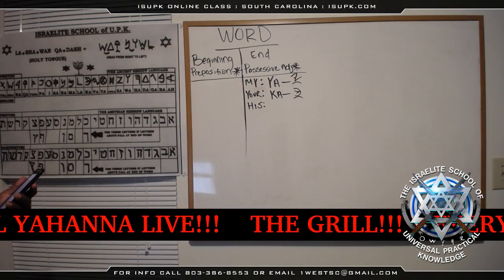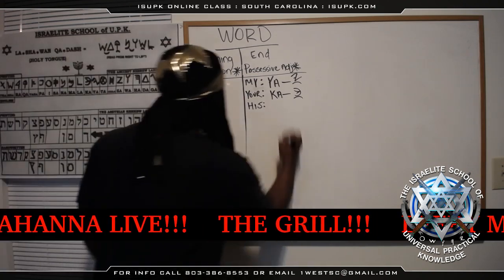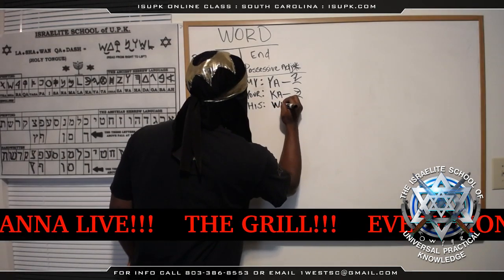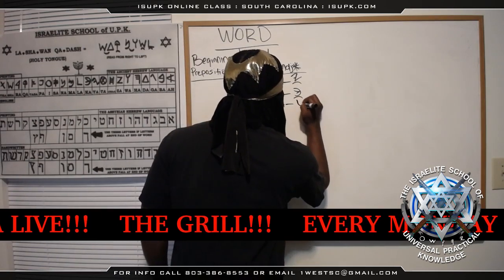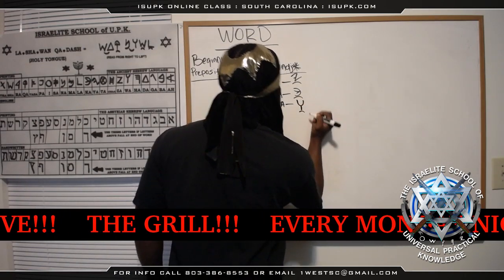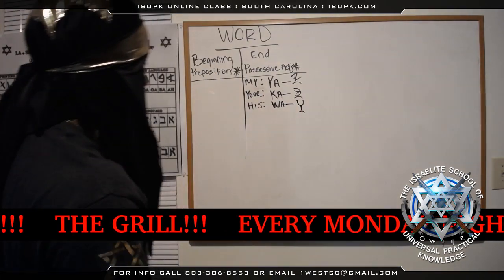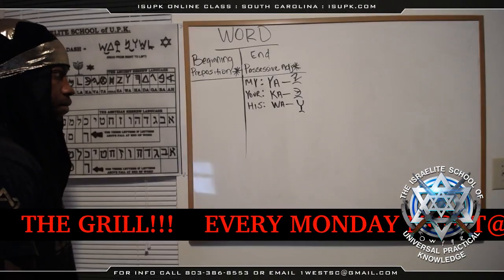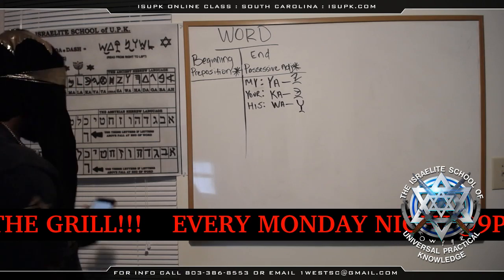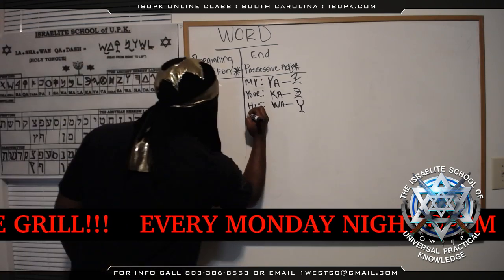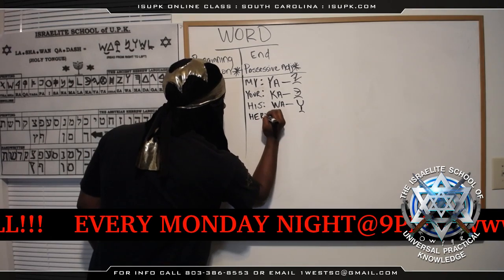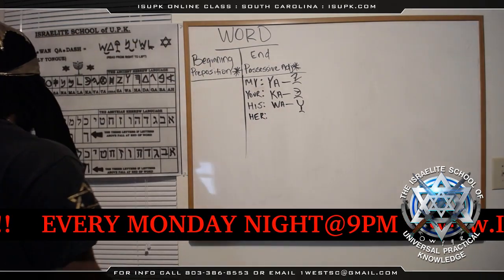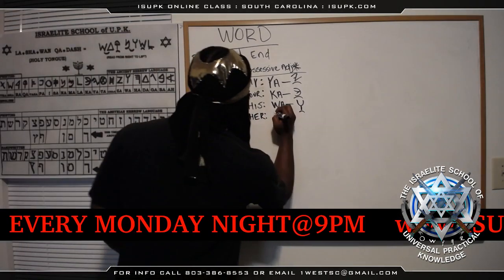His is going to be represented with wa. Wa looks like this. Next we have her. Her is going to be represented with ha.